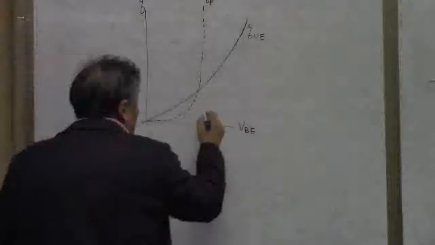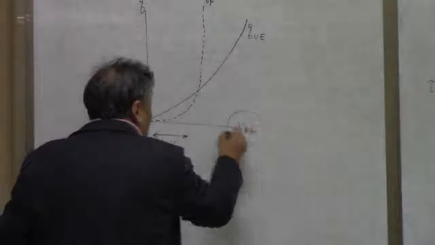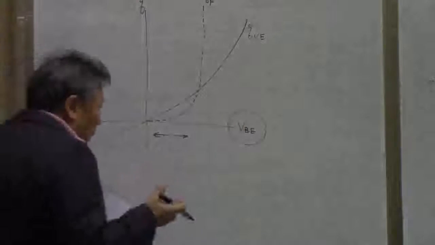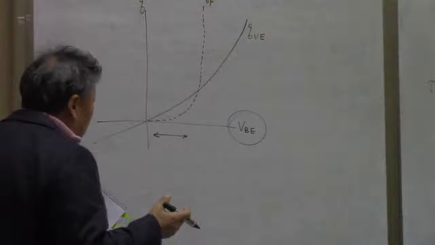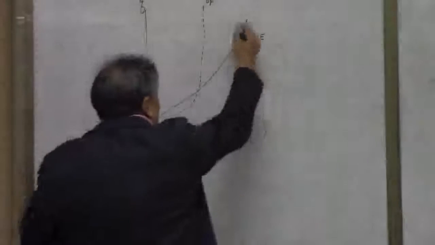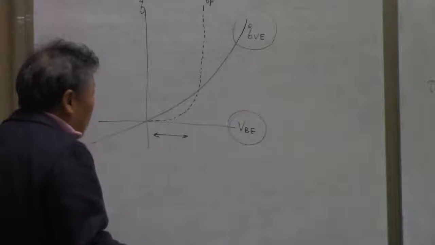So which means at the beginning, at a small amount of emitter base voltage, this is going to dominate the total charges stored in the bipolar device, right?